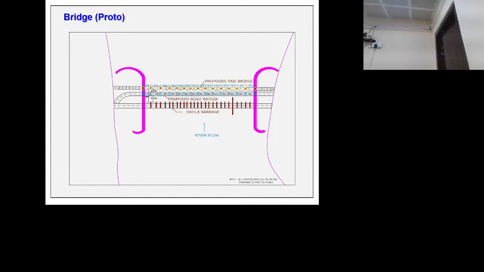In this case, what we have studied is that the barrage is already existing, and this railway bridge has also been given. The alignment, as you saw yesterday in the physical model, has three bridge piers aligned in the same line.